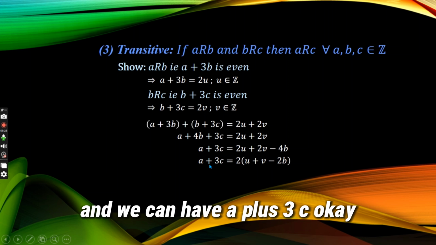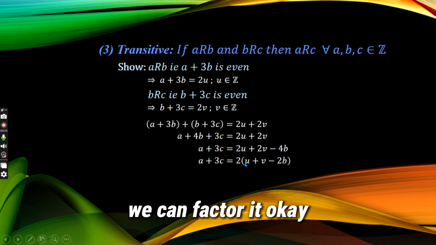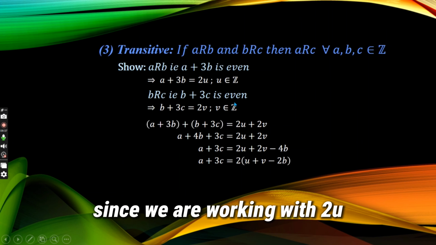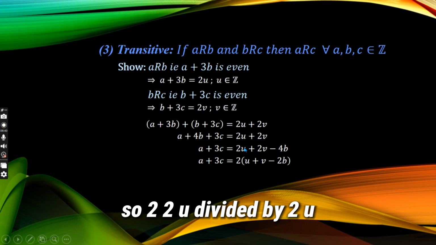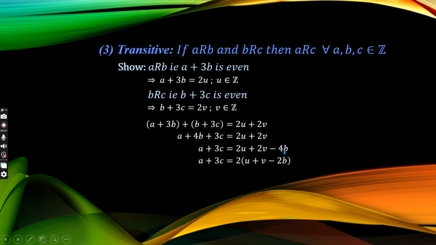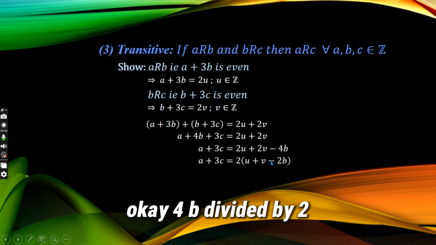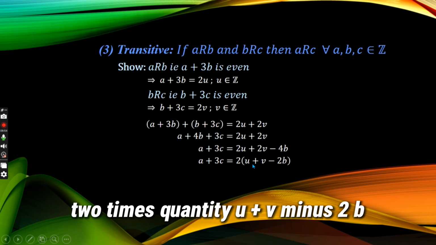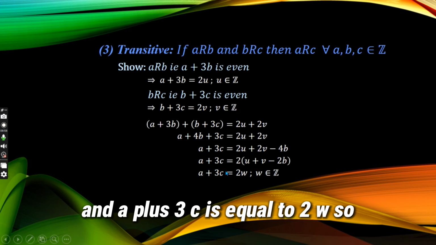And for a plus 3c, we can factor it; we can consider a factor of 2 since we are working with 2u. So 2u divided by 2 is u, 2v divided by 2 is v, negative 4b divided by 2 is negative 2b. That's why we have here 2 times the quantity u plus v minus 2b. And a plus 3c is equal to 2w.